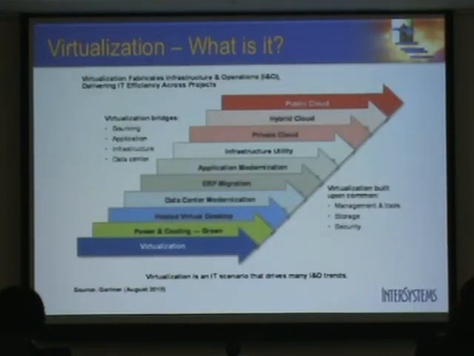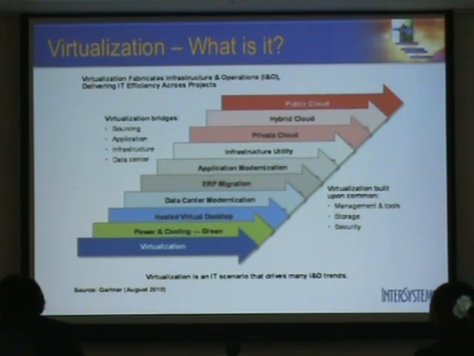So, I get asked the question, what is virtualization? And I did some research, and I found this very nice, very complicated slide from Gartner. Many nice arrows, many different colors. But basically, the purpose of this slide is to show that virtualization has a very big impact across many different areas in the computing industry.